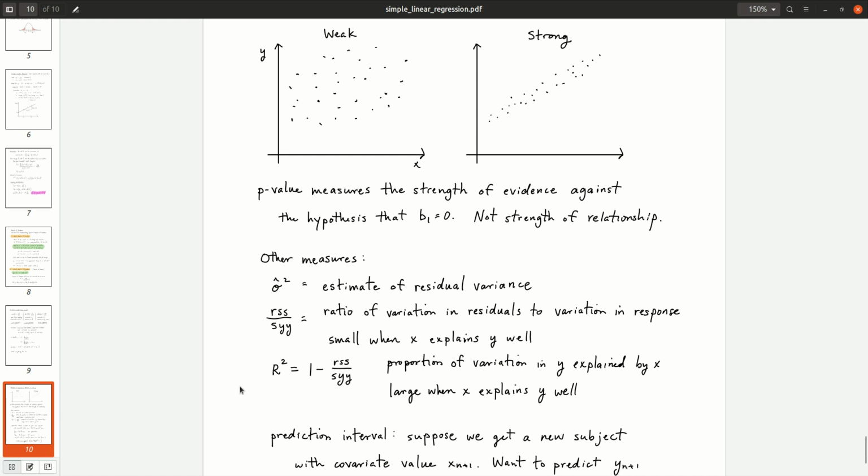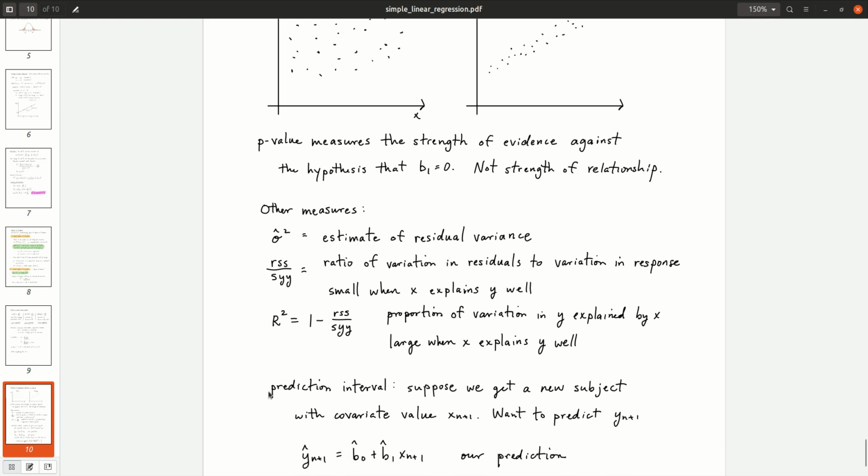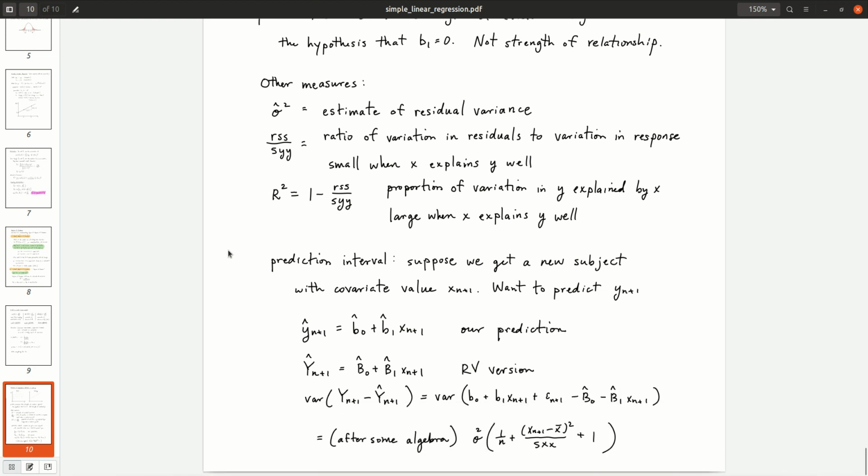Another thing you can do is to look at the width of a prediction interval. This is very closely related to what this is. So here's the problem. Suppose we get a new subject with a new covariate value x n plus 1, but we haven't observed the response yet, y n plus 1, and we want to predict it.